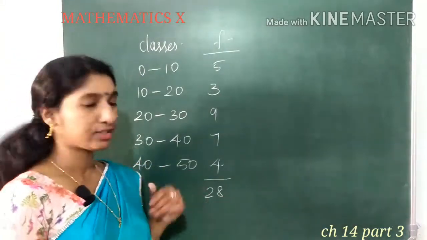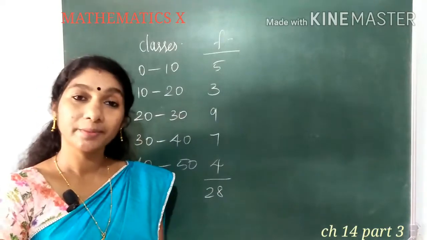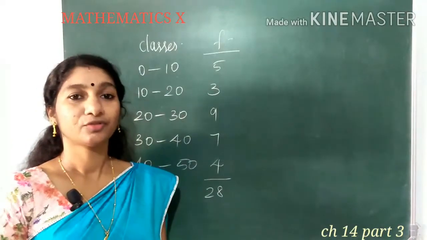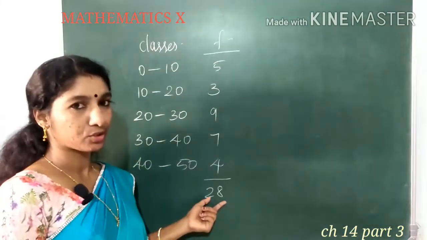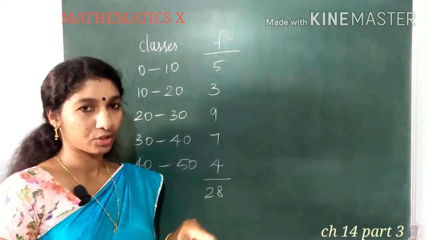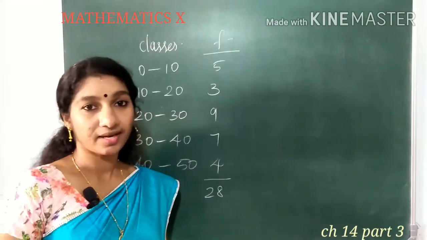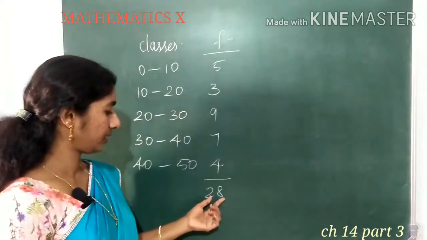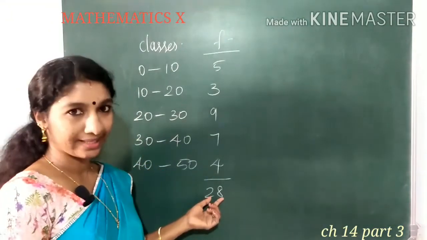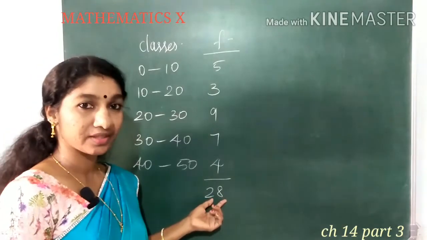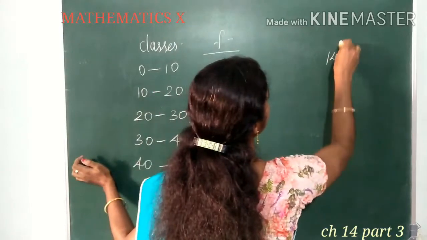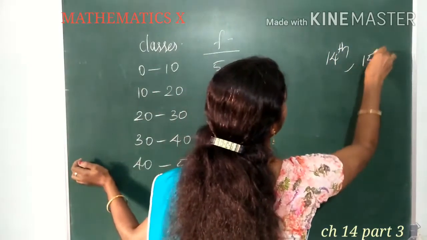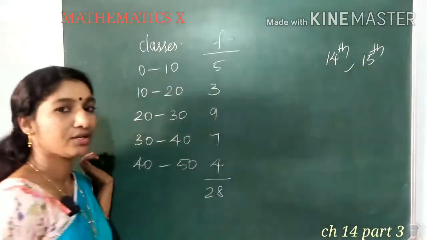Out of 28 observations, which will be the middle value? 14th and 15th position. 28 by 2th position, exact middle, and the next value. That means 28 by 2, that is 14th. 14th and 15th value is the middle value. So we need to find which is in the 14th position and which is in the 15th position values.